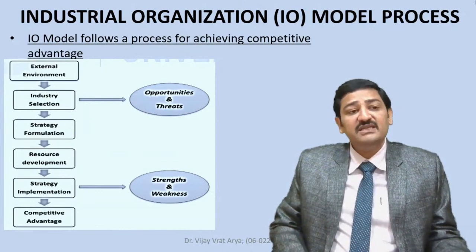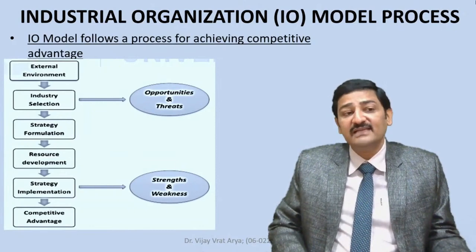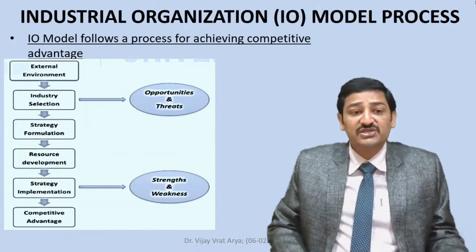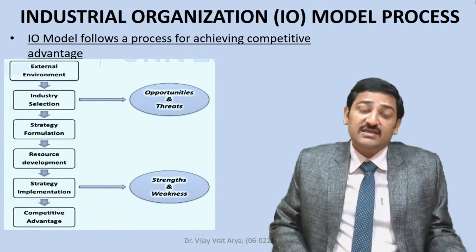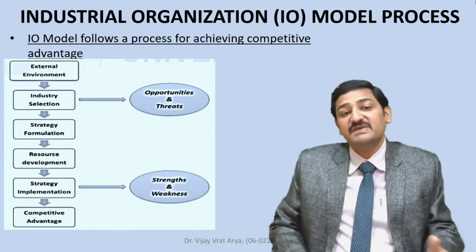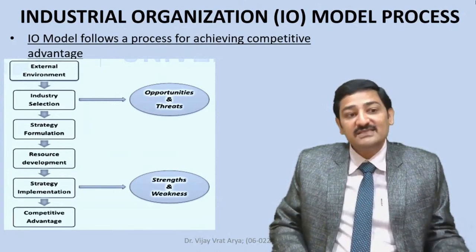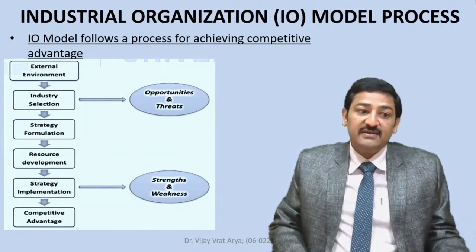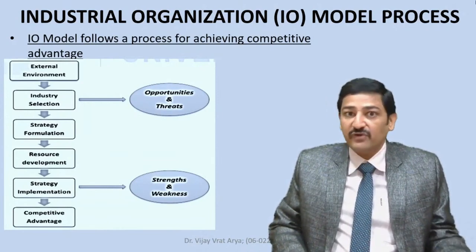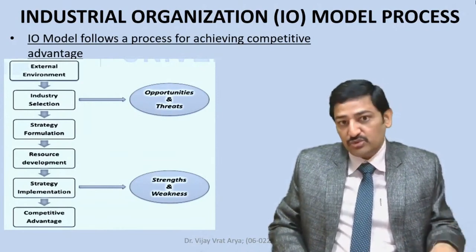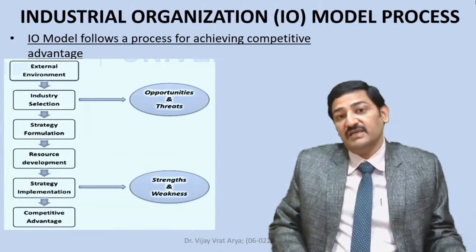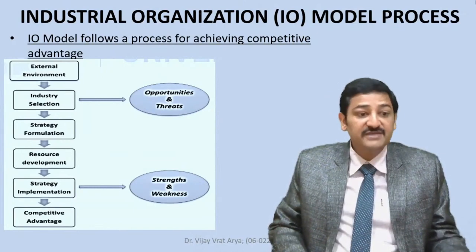Initially, we start with the analysis of the external environment, based on which the industry selection takes place, which is based on the opportunities and threats available to a specific type of industry. Then, once the industry selection is finalized, strategy is formulated and resource development is finalized based on a specific strategy.